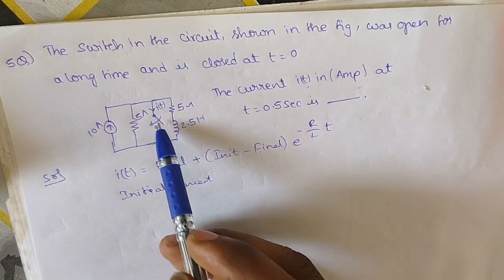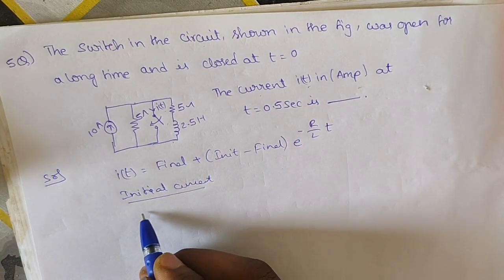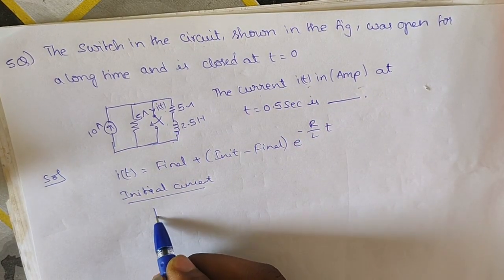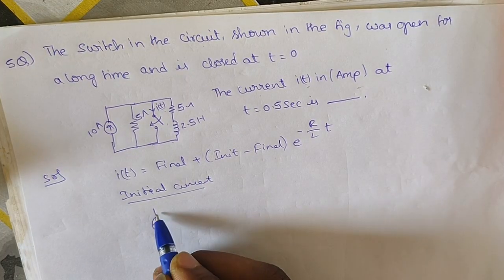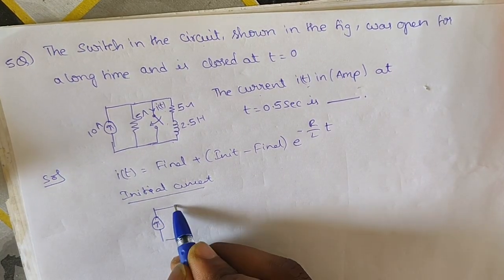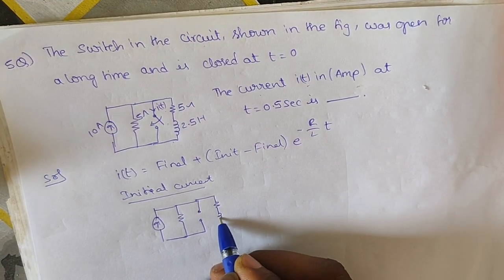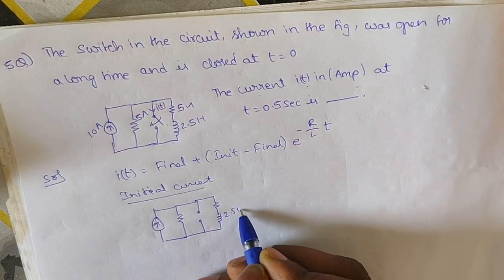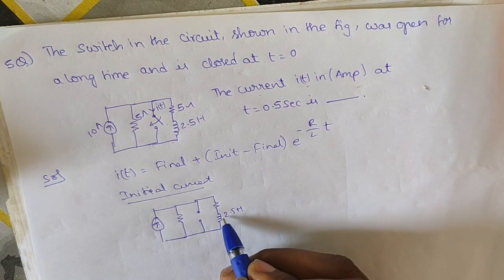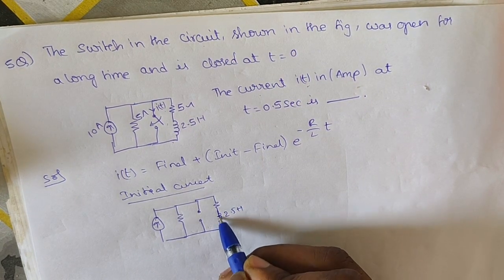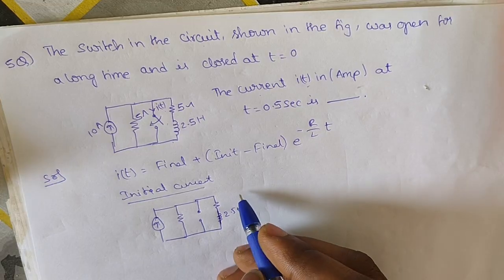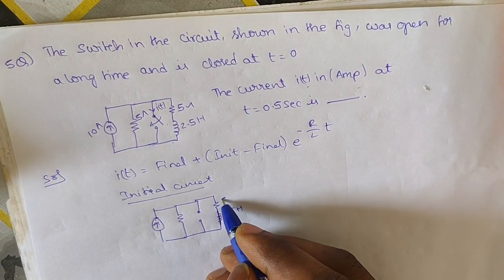Initially the switch is open, so I am redrawing the circuit. As the switch is open, the 2.5 Henry inductor will be short circuited at t equals minus infinity.